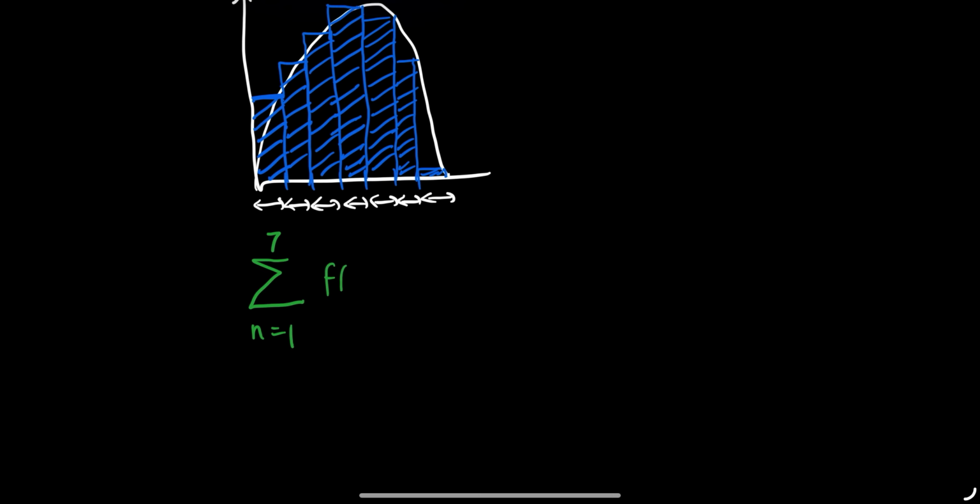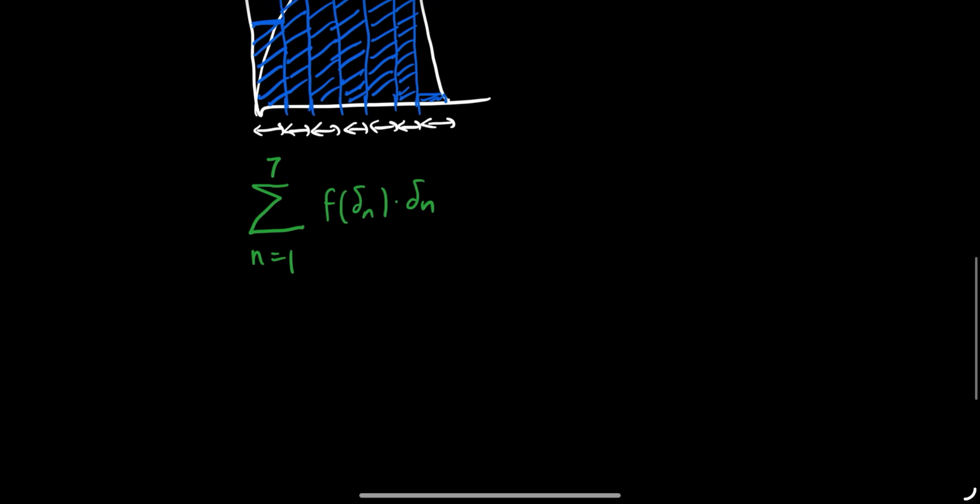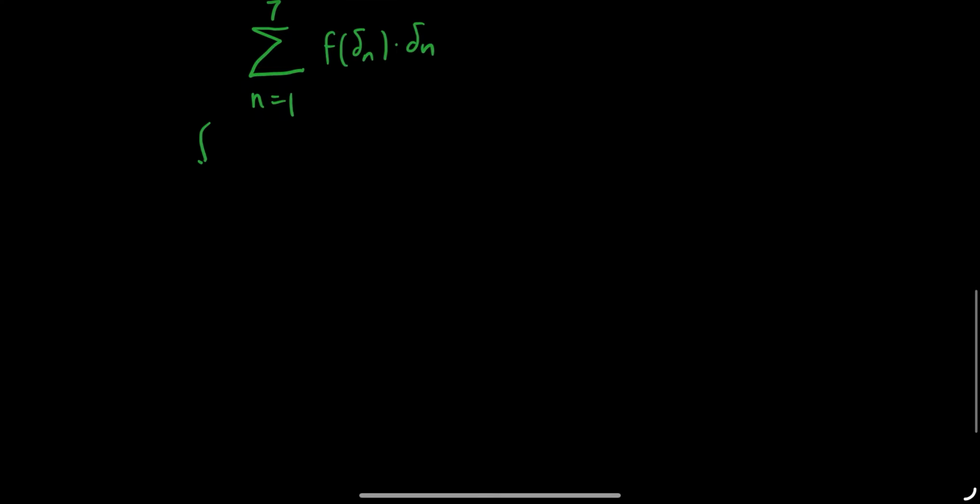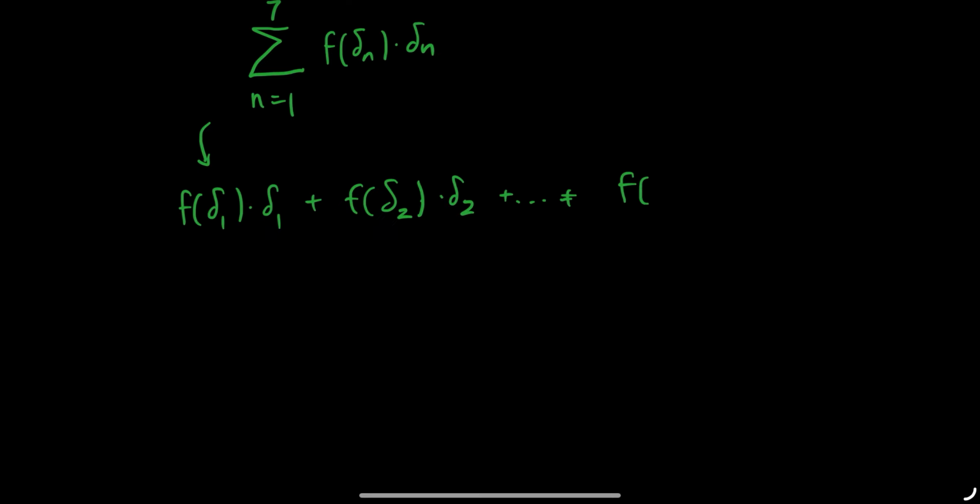So f of delta n times delta n. If it's still hard for you to understand, you can see this as f of delta 1 times delta 1 plus f of delta 2 times delta 2 all the way to f of delta 7 times delta 7.